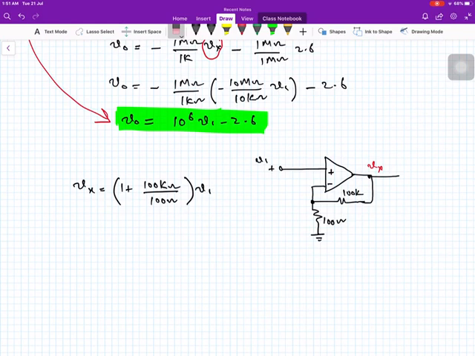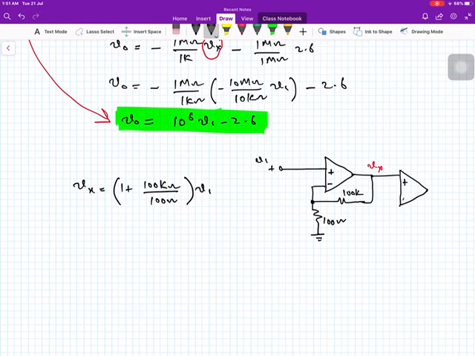Now next to the circuit there is another operational amplifier, and Vx is connected to the non-inverting input.